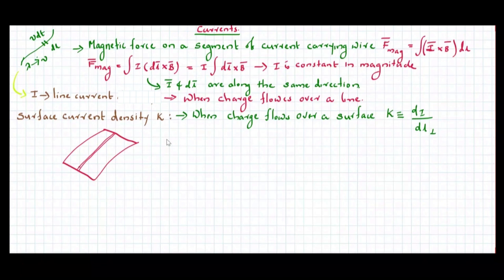Take a small ribbon on the surface with a very small width, an infinitesimal width dl perpendicular, and this ribbon carries a current di. Please note that the ribbon is taken in the direction of flow of current. Here di is the current in the ribbon, and dl perpendicular is the width of the ribbon.